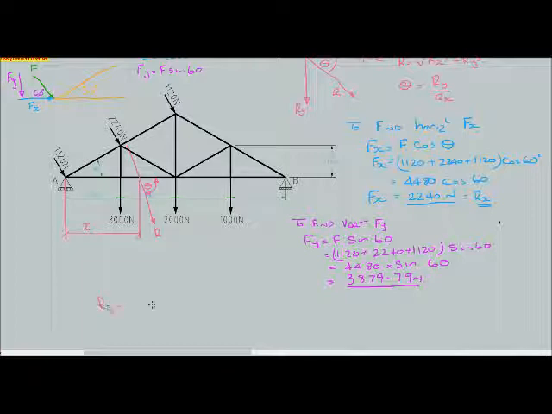Ry is going to equal 3887.979 plus the other vertical forces, 3,000 plus 2,000, and so on. Ry is going to equal 9879.79 newtons. So I know Rx and I know Ry.